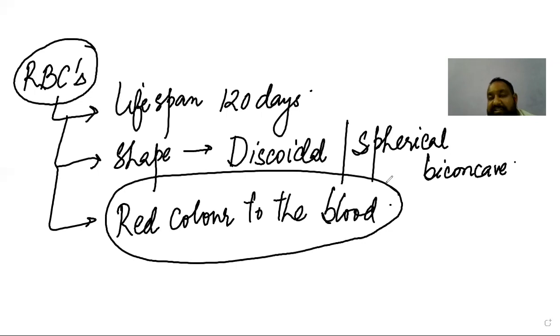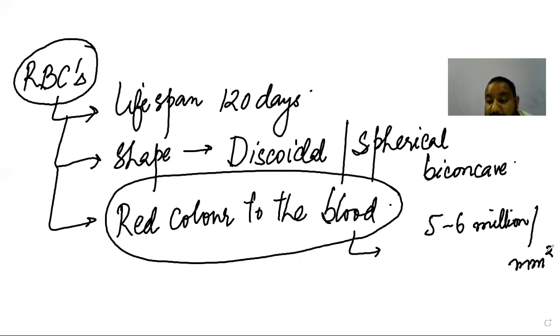Their number is very high. Among all the blood cells, RBCs have the majority of the numbers. Their number varies from 5 to 6 million per millimeter cube. In 1 millimeter cube of blood, we can easily find 5 to 6 million RBCs.